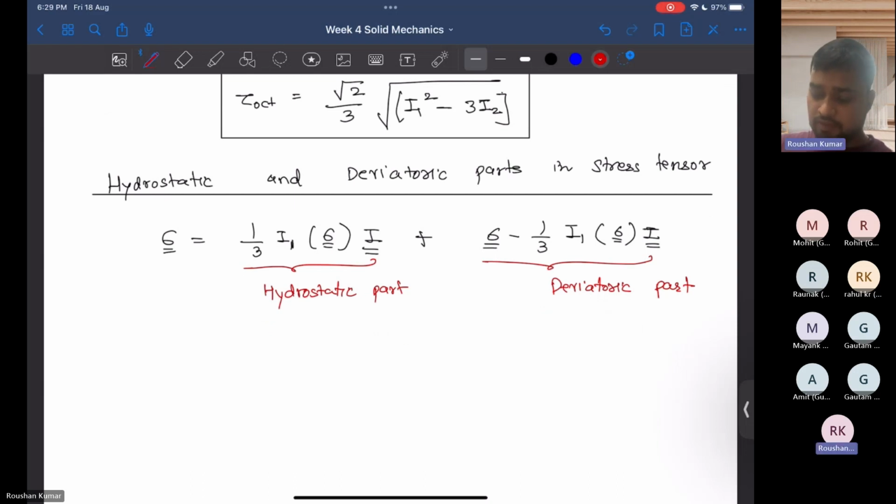And here we can derive that the first invariant of the deviatoric part is 0. So I can also write here, first invariant of deviatoric part is 0.